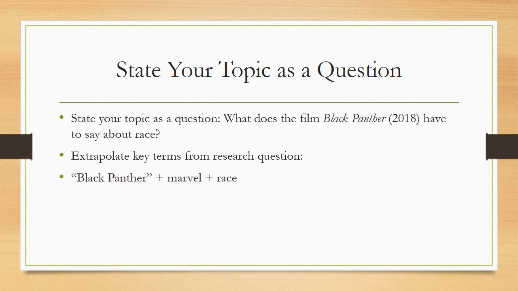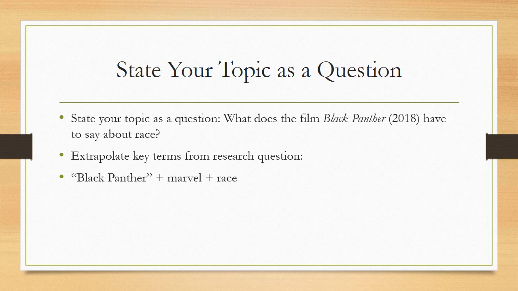So I would put Black Panther, I would put Marvel, and I would put race. Now, look at the way I have this typed out. That's exactly the way you want to put your keywords into a search engine. The quotation marks are the first important thing to note there.